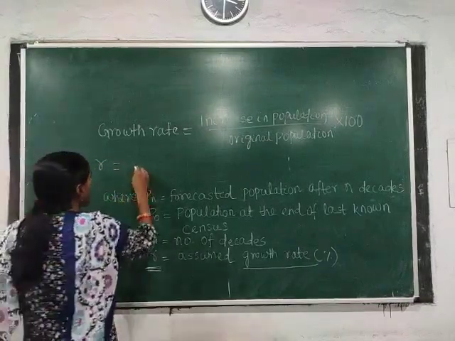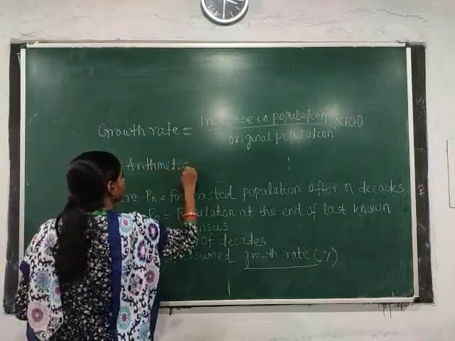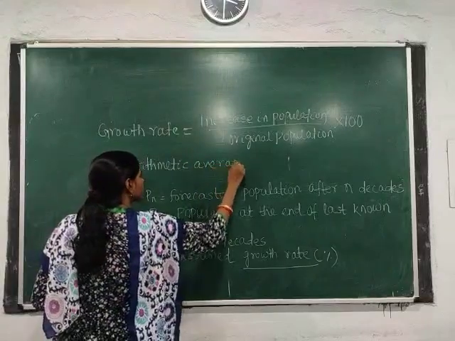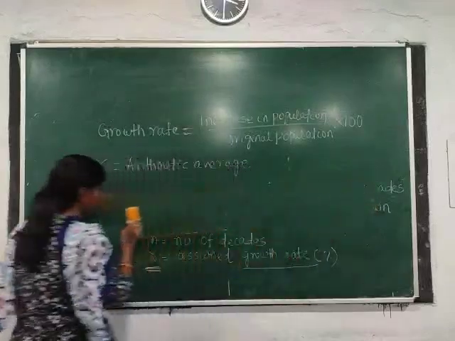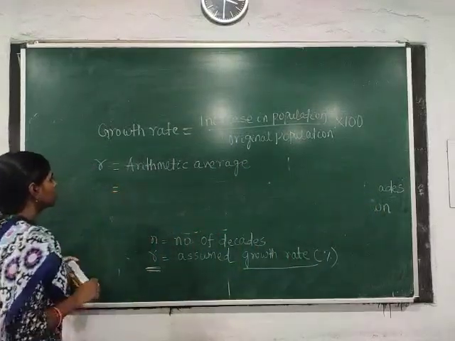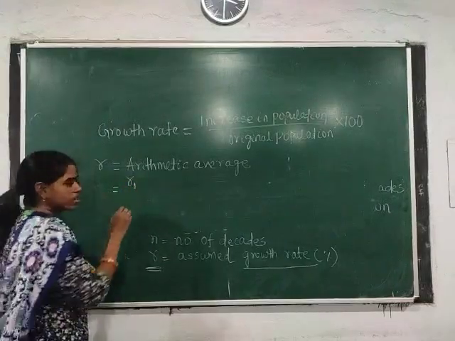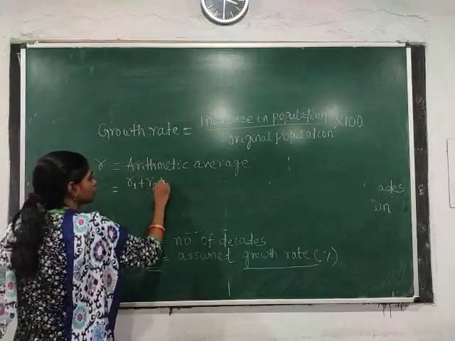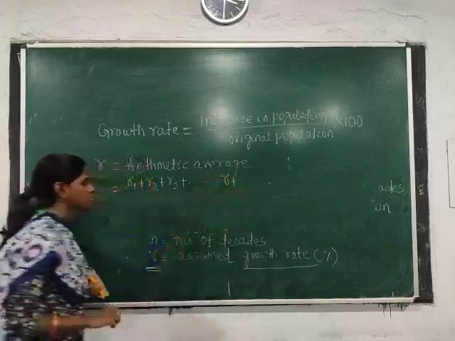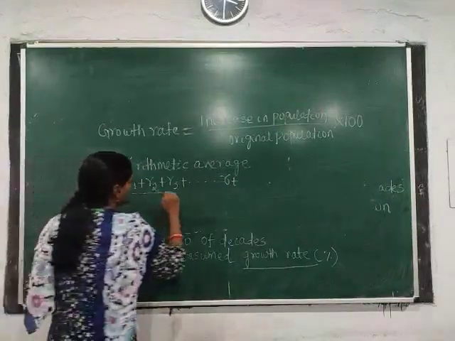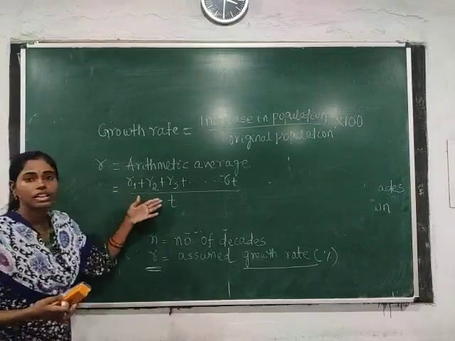First one is the arithmetic average. In the arithmetic average we will add the growth rate of the first decade, growth rate of the second decade, growth rate of the third decade, and so on up to the growth rate of the T-th decade, which will be divided by the number of decades.